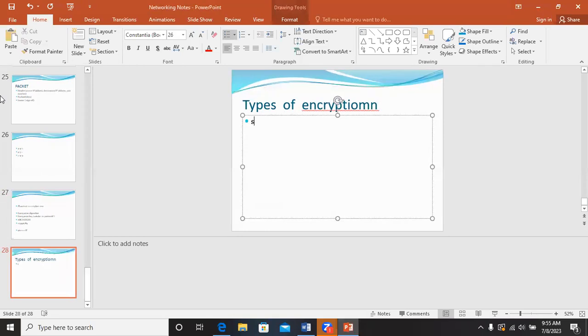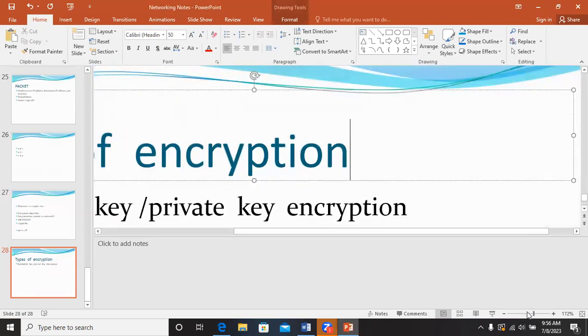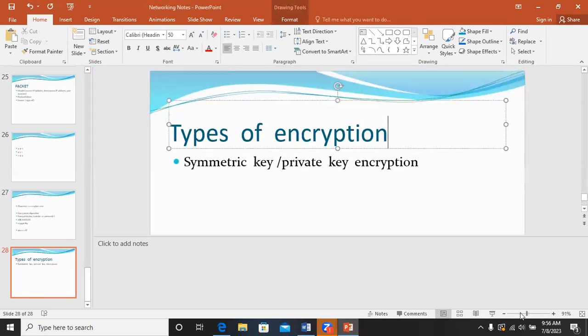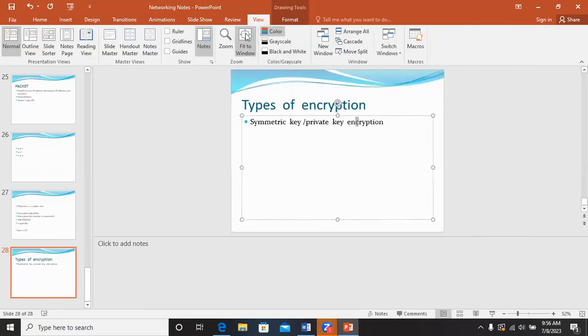We have symmetric key encryption, which is also called private key encryption.